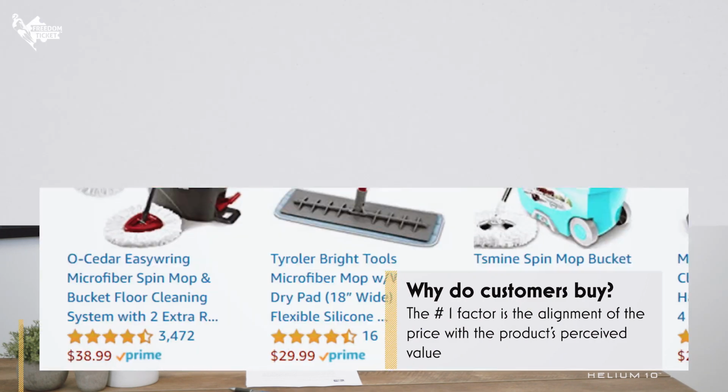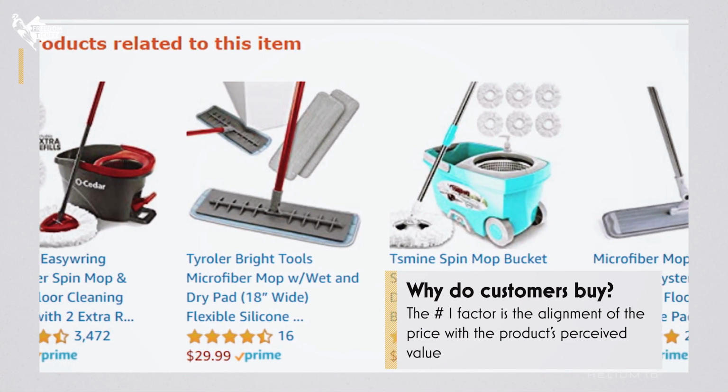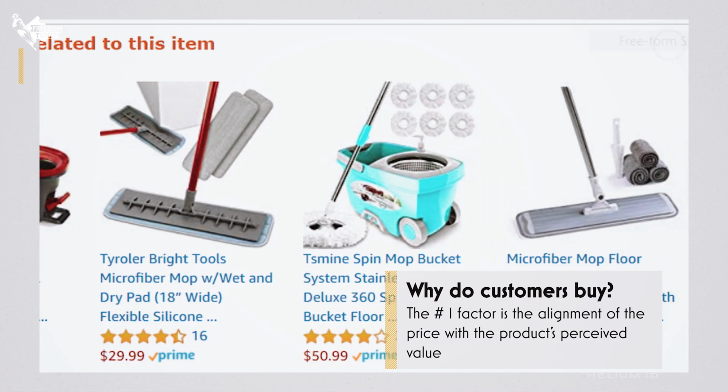Now, there are some other things you've got to keep in mind, namely what the customer thinks. There have been surveys done on what customers think are the important factors for why they buy on Amazon. About 23% of them say the number one reason is the price. But that doesn't always mean the lowest price. It means the price has to justify what they're getting.